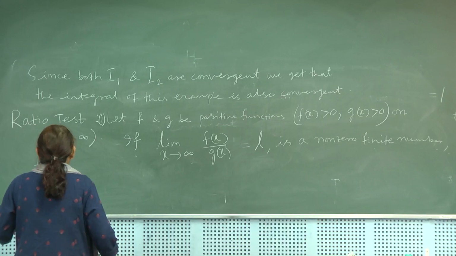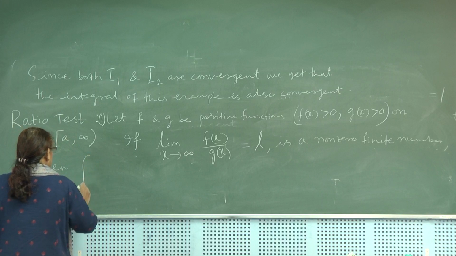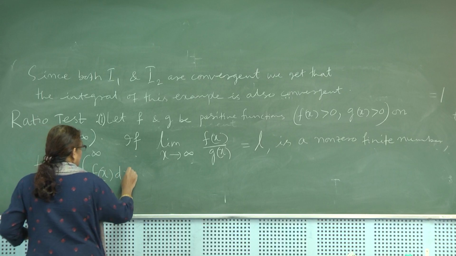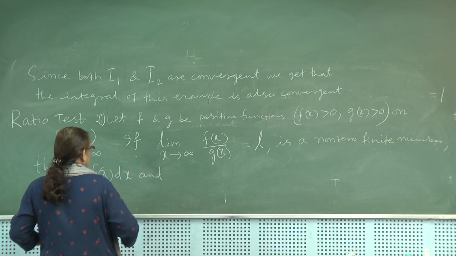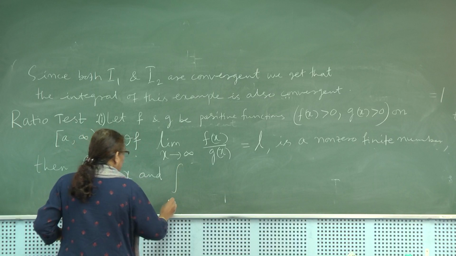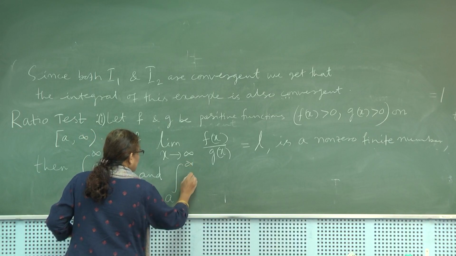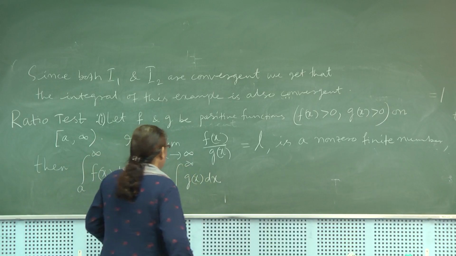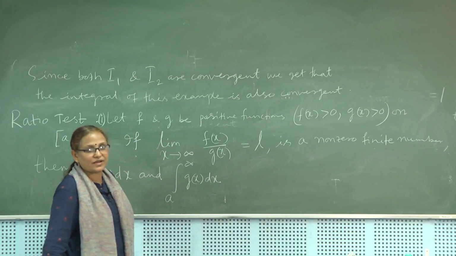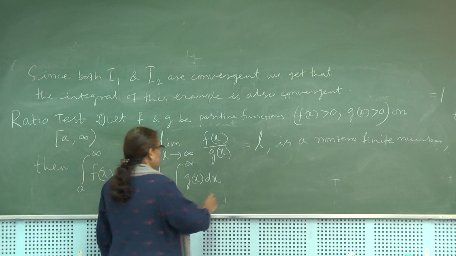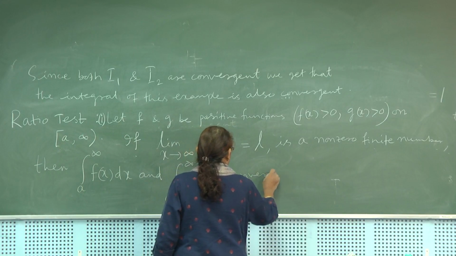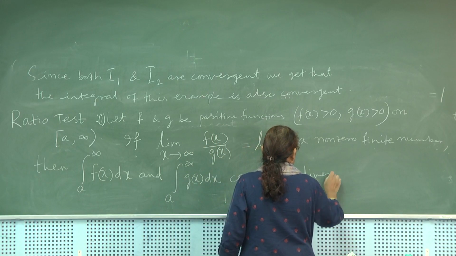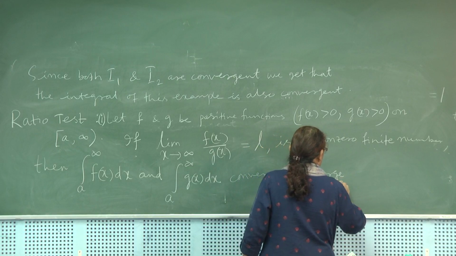Let me write this: then the improper integral from a to infinity of f(x) dx and the improper integral from a to infinity of g(x) dx, they converge or diverge simultaneously.